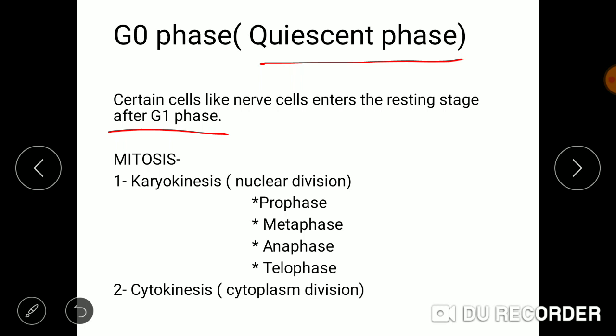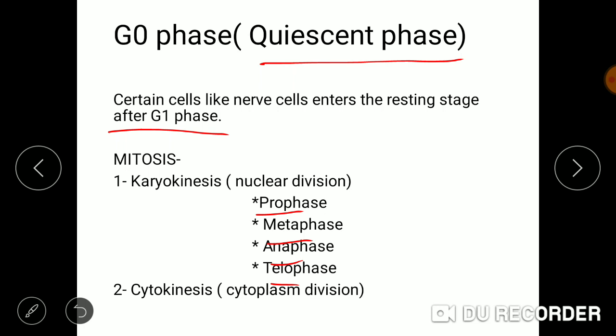In karyokinesis, the nuclear division will occur. In cytokinesis, the cytoplasmic division occurs. The nuclear division involves prophase, metaphase, anaphase, and telophase. We can learn it as PMAT.